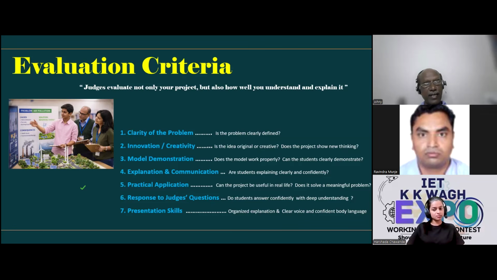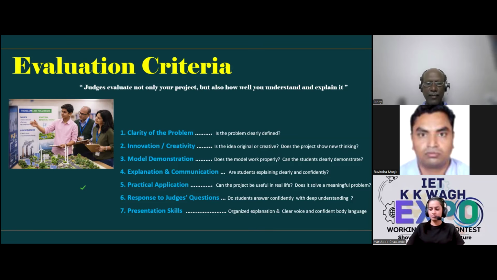If the question is not understood by you, ask them to rephrase. If the questions are not answered correctly, they are going to have a small doubt on this. So watch out for that when you are answering questions.